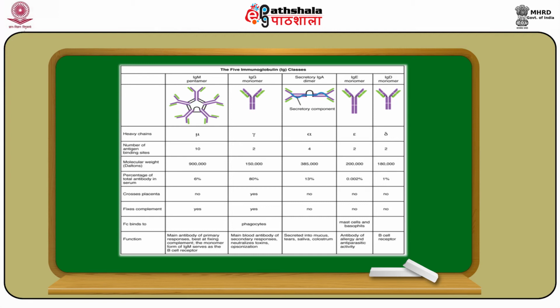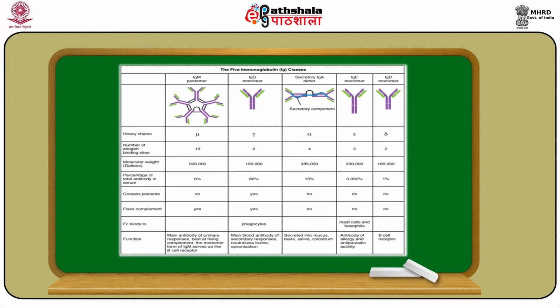Accordingly, they are named as IgM, IgG, IgE, IgD, and IgA. IgM is pentameric in secretions and its monomer is also a membrane antibody forming the part of recognition unit.